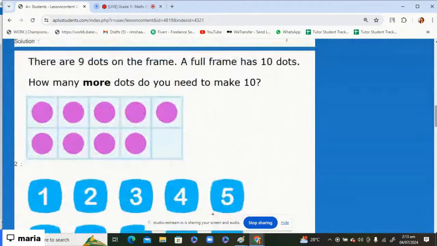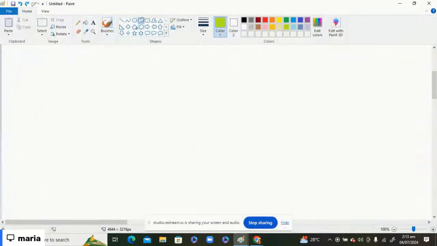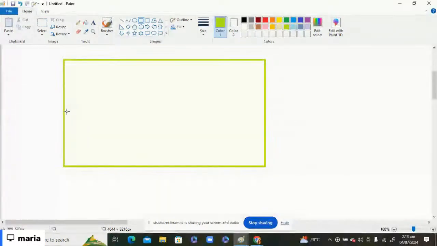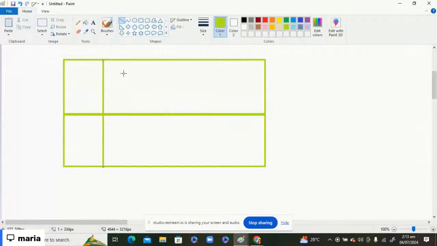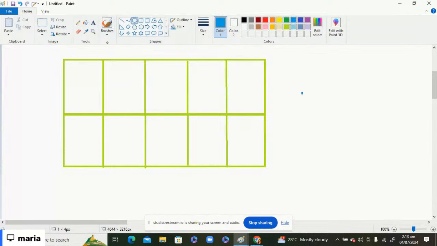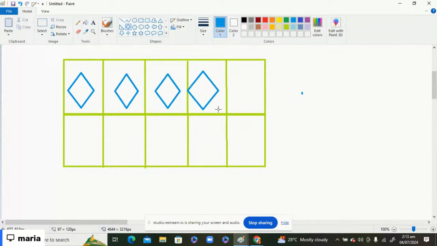Let me try one more thing. I'm going to draw a box here, and that's the frame. Now let's draw the dots. Let me put down this shape. So now I'm going to use these shapes. Okay, that's it.